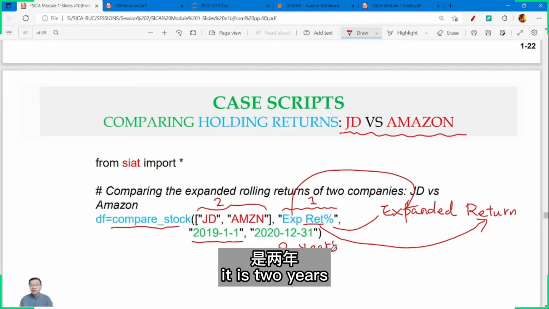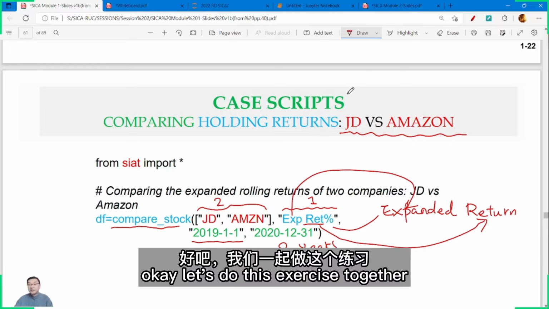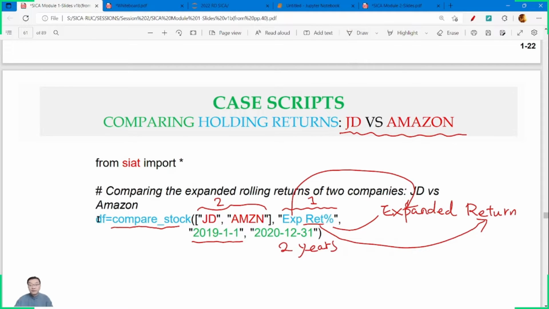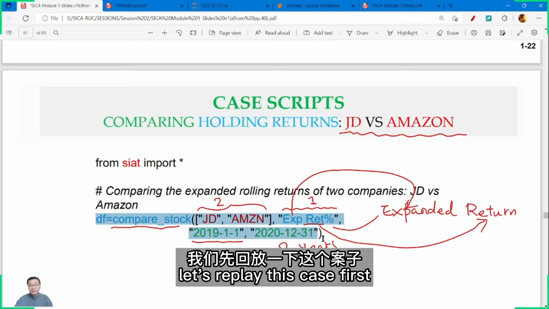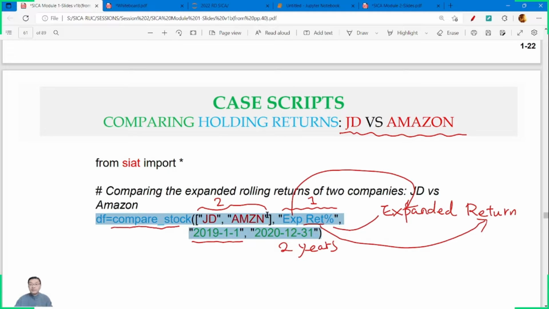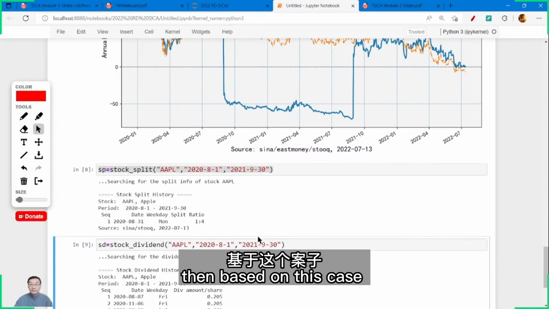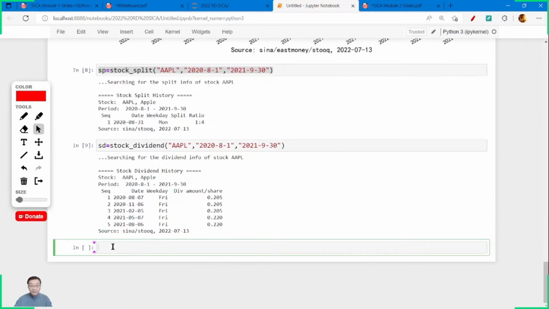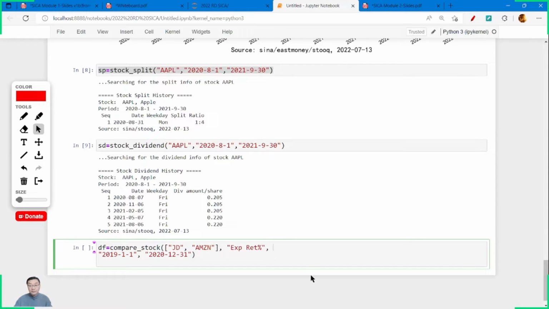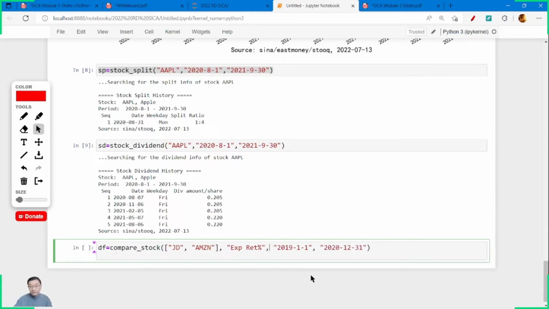Let's do this exercise together. Let's replicate this case first. Then, based on this case, we will do an exercise.